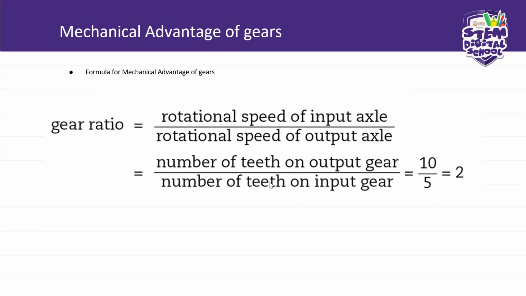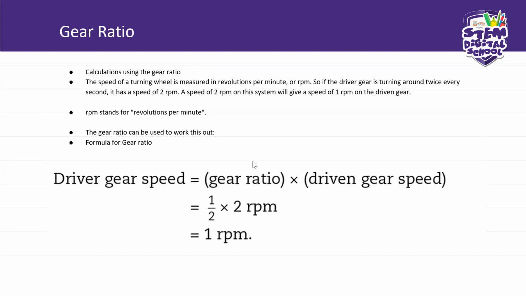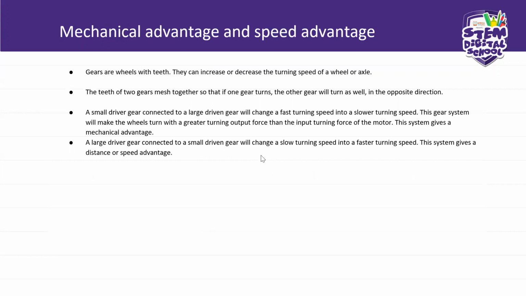This one is like the mechanical advantage formula, because this one is the load divided by effort. Load divided by effort. Okay. So we will come back to these calculations when we do our exercises.